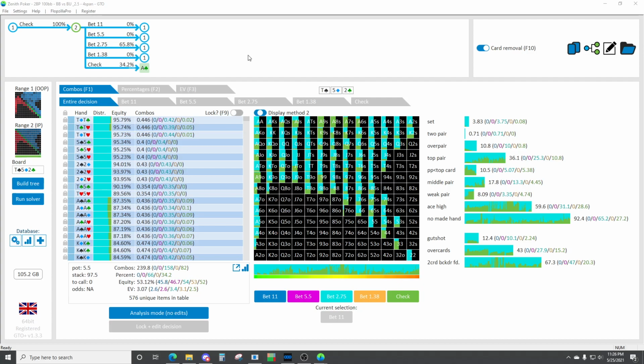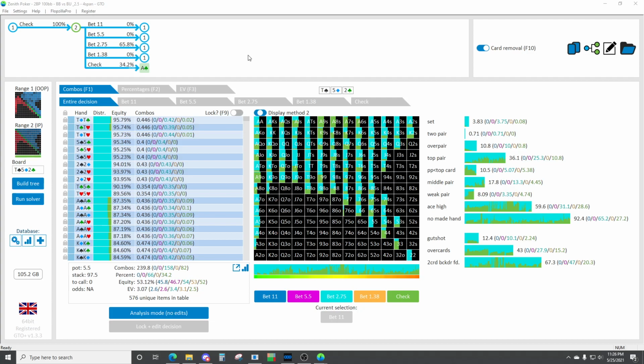So the main thing you want to be focusing on when studying post flop play, or specifically turns and rivers, is you want to gain an intuition as to how good certain runouts are for each player. And this is going to vary pretty heavily depending on the line.